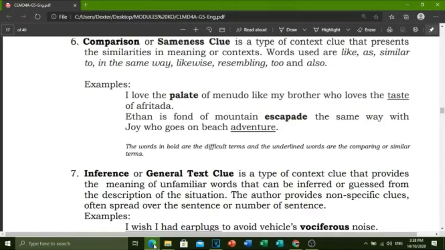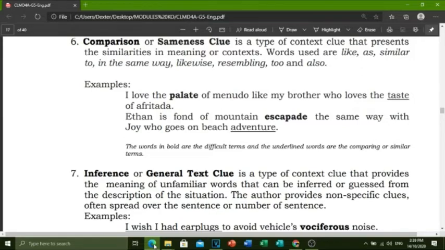In our example number 1, two foods are being compared. What are those? The menudo and afritada. And the unfamiliar word is palate. So, the palate of menudo and the taste of afritada. And what is the guide word used? Like.